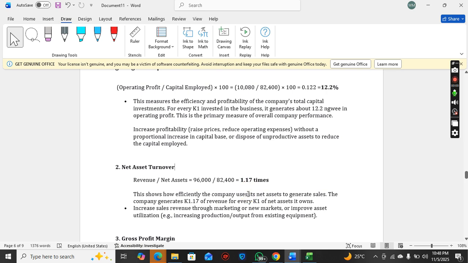So basically what this is telling us is the company generates 1.17 kwacha of revenue for every 1 kwacha of assets it owns.